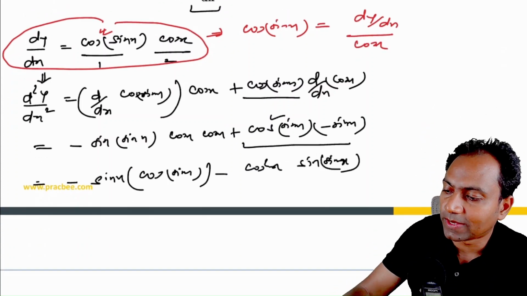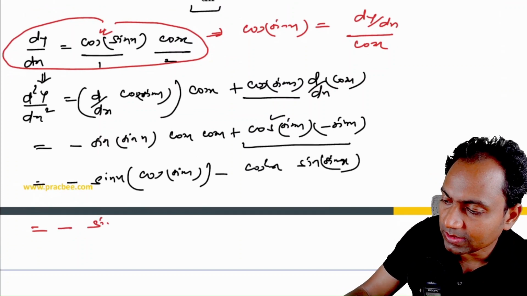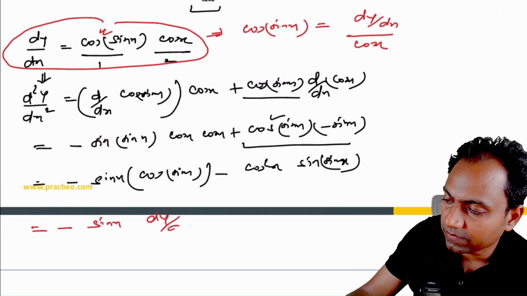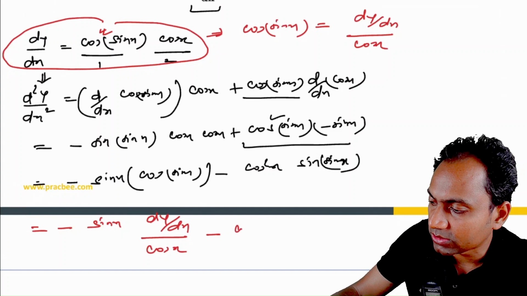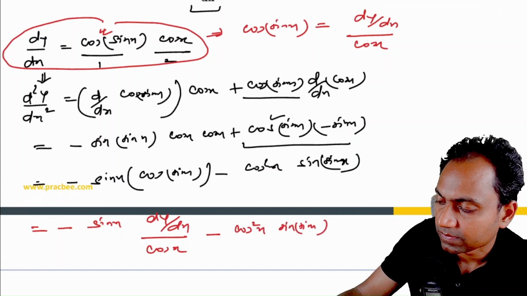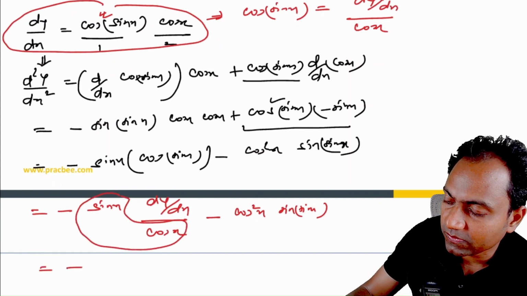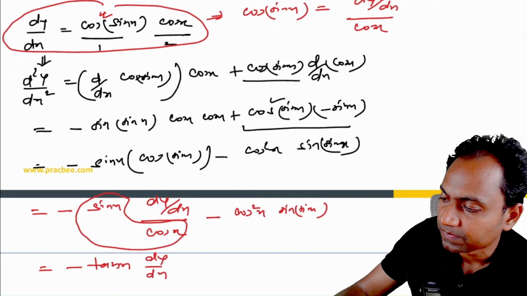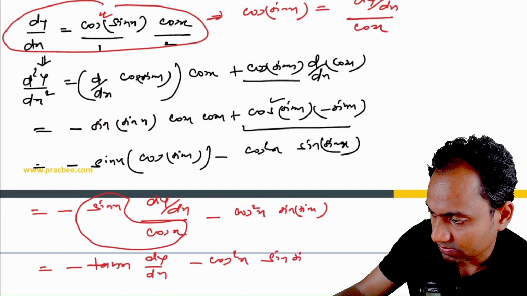And if I put this value here, you can see that it becomes minus of sin x into dy by dx by cos x. And then I'm getting nothing but cos square x into sin of sin x. So now this sin x by cos x can be written as tan x, and now we have got our answer. So minus of tan x dy by dx minus cos square x into sin of sin x.